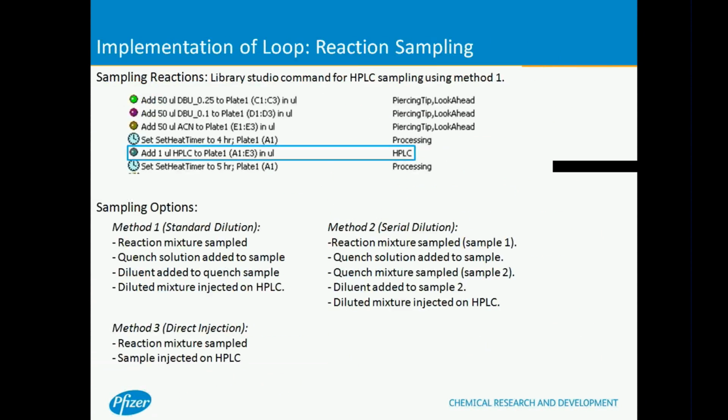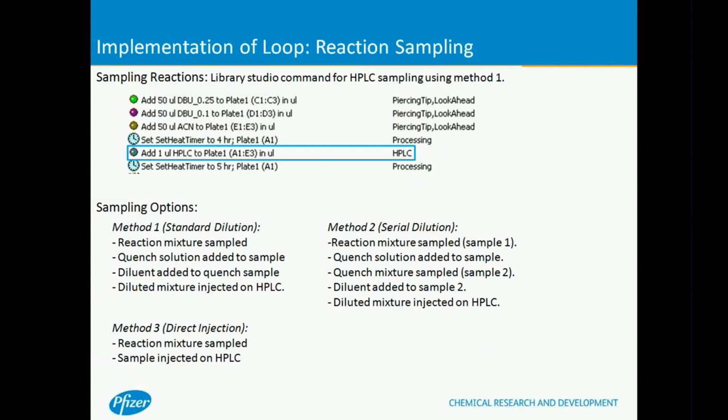From a library studio or recipe perspective, it's a single line in our case. So we now have a command called HPLC, which will allow vials to be sampled. Because our chemistry is highly variable, much like a lot of process chemistry, we need different sampling options depending on the chemistry we're running.